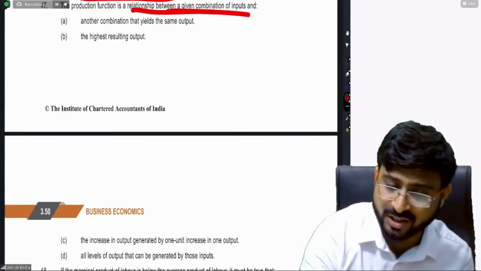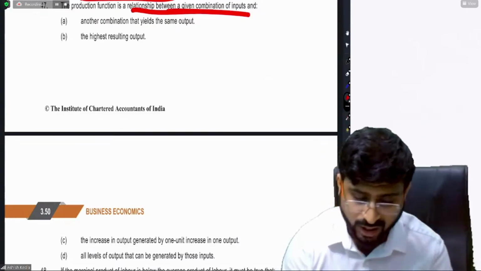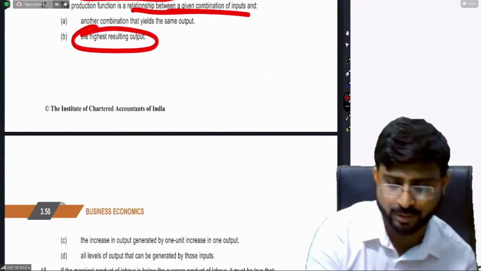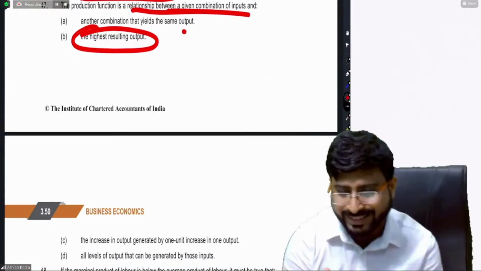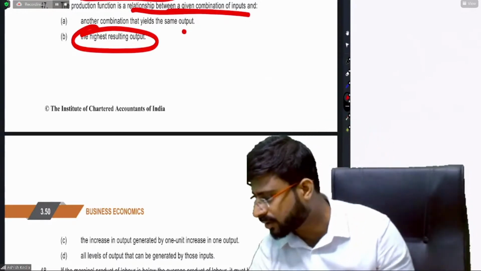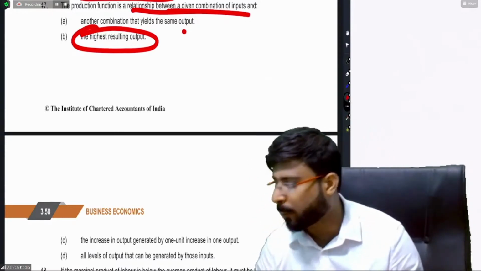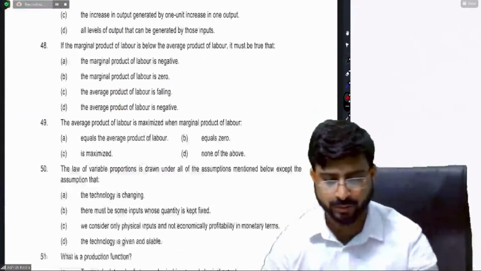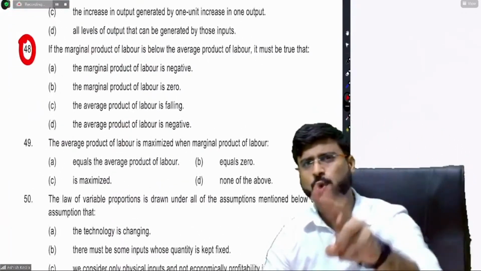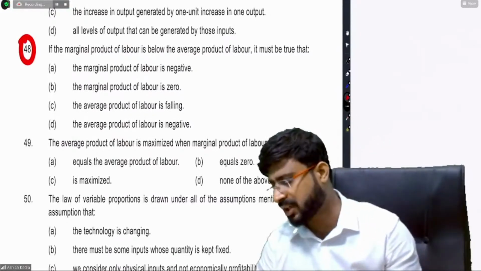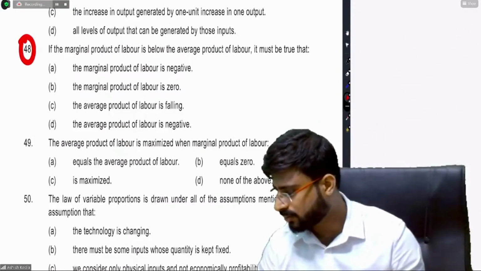Yes. Production function is a relation between combination of inputs and the resulting output. Not another combination that yields the same output, the highest resulting output. That is correct. Because you will obviously want to optimize and produce the most. Number 48, think. You will need 2 minutes for it. Come on. Number 48, think and answer.